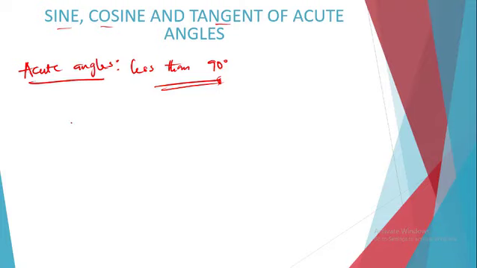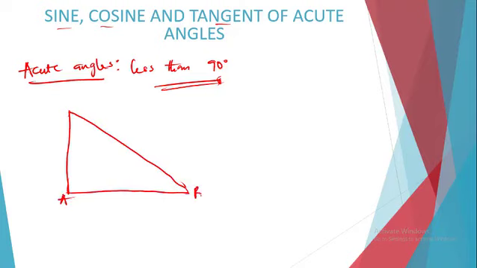Assuming we have a right angle triangle ABC. Here is our angle 90, and here is our theta. Here is a small letter c, here is a small letter a, and this is a small letter b.